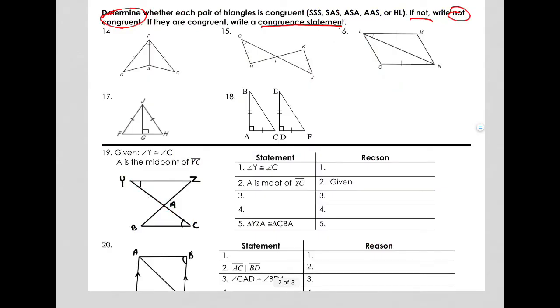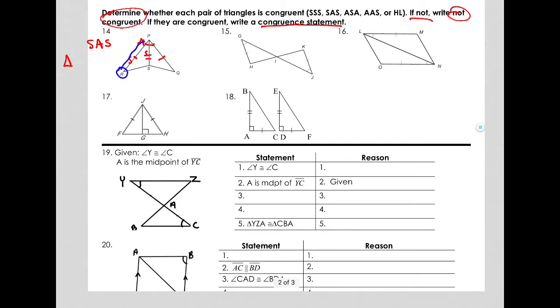Alright, so for number 14, it looks like we have a pair of sides. You can kind of see the tick marks there, they're faint. A pair of angles, so I have a pair of sides, a pair of angles, and then I also have my reflexive property I can use to get another side. So that is side, angle, side. And then one congruent statement that we can say is that triangle. Now remember, these could be in different orders, but they just have to make sure they correspond.